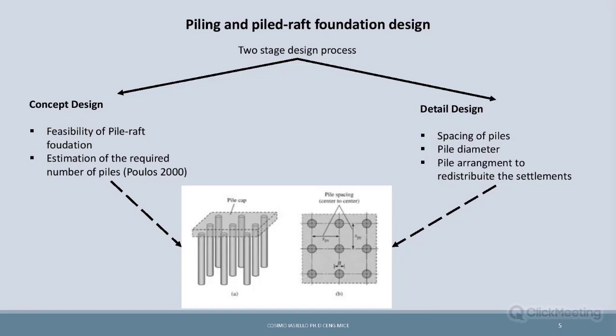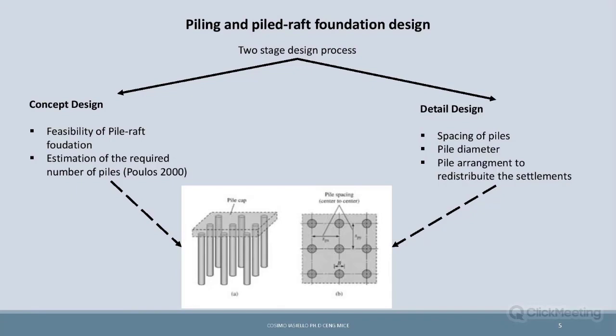The ratio between the pile diameter and the thickness of the raft is important. We also study the distribution of the internal forces between the superstructure and the substructure, and then the pile arrangement to redistribute the settlements.